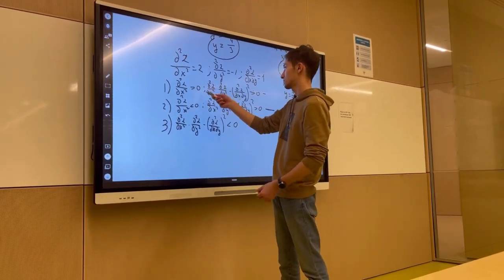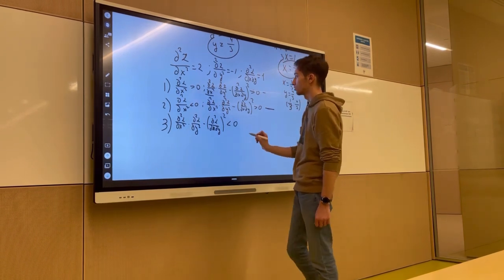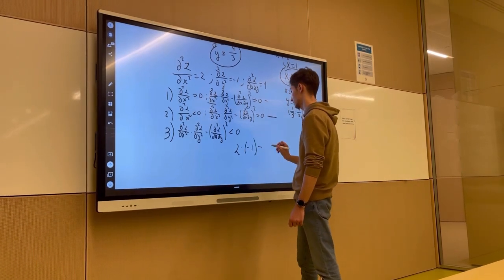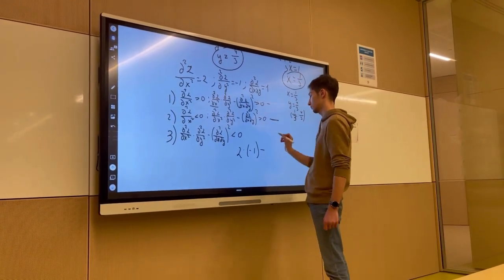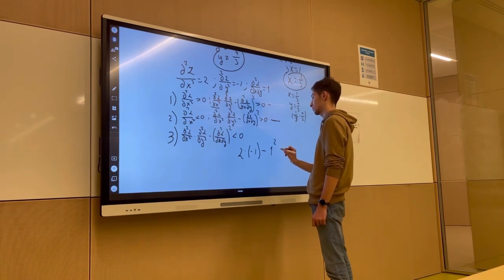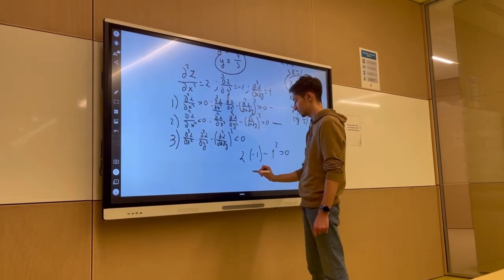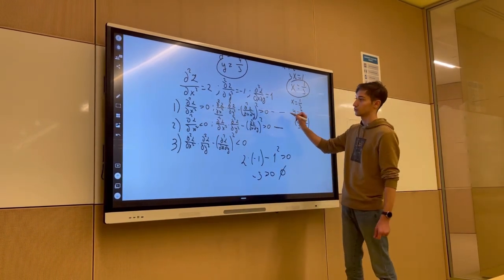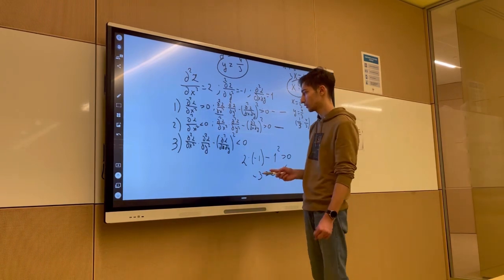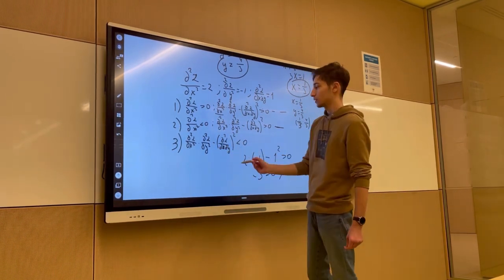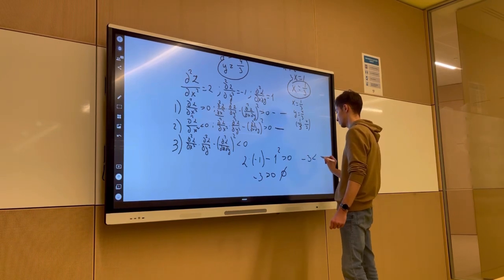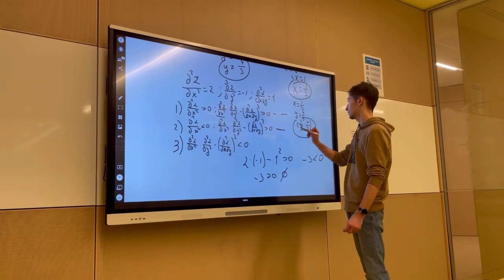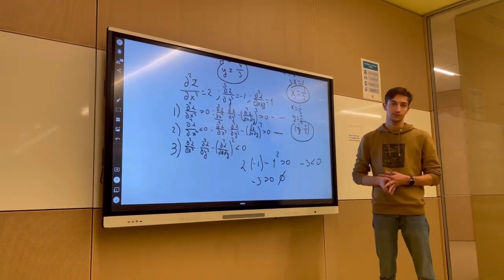Now let's check this AND condition. 2 multiplied by minus 1 minus 1 squared will give us minus 3, less than 0, not correct, and it's also not right. Let's check the third one. As you see, our result is the same, minus 3 less than 0. It means our function has a saddle point at 1 over 3 and 4 over 3.